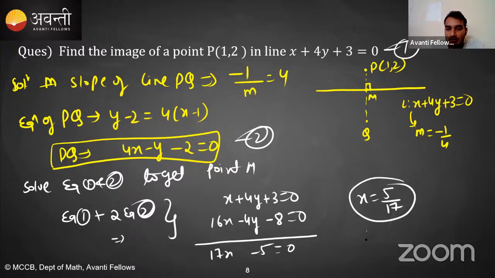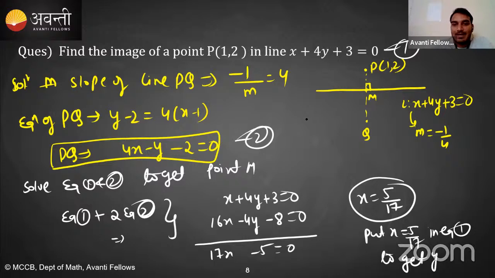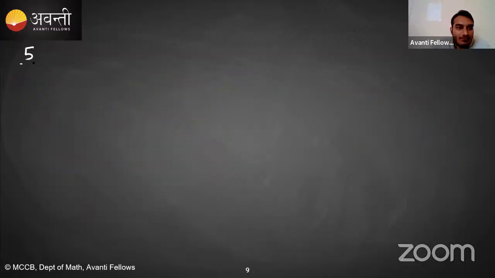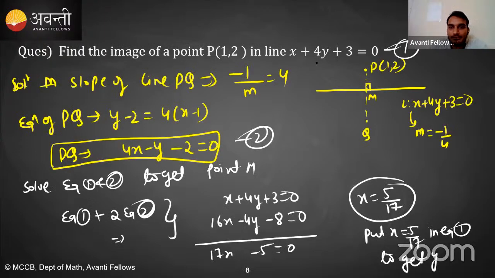Now put x is equal to 5 upon 17 in equation 1 to get y. What you will get: 5 by 17 plus 4y plus 3 is equal to 0. Is this clear?